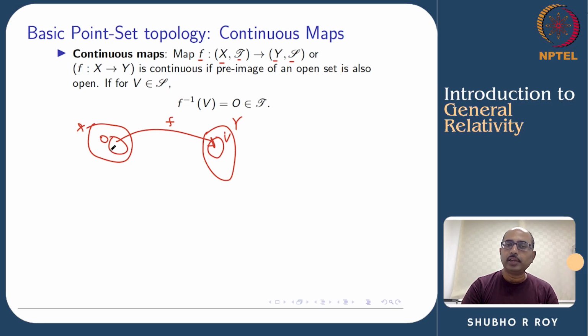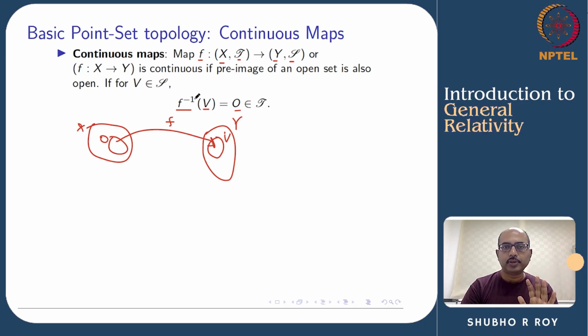Note the difference: I didn't say that an open set is mapped to an open set. That is not the way to define a continuous function. The idea is that you take an open set in Y, and its pre-image, F inverse, is an open set. If that criterion is satisfied, then we call F a continuous map.